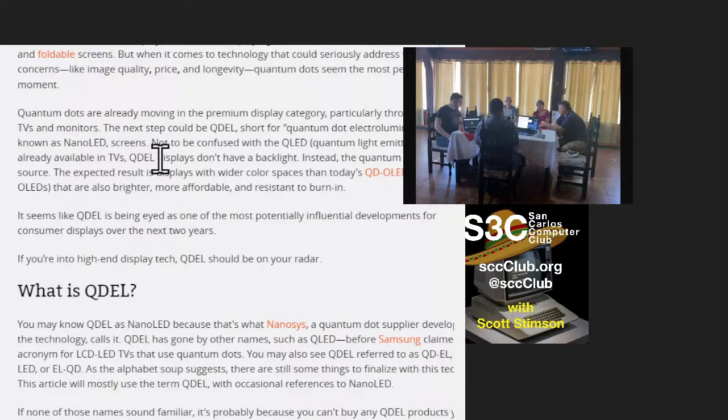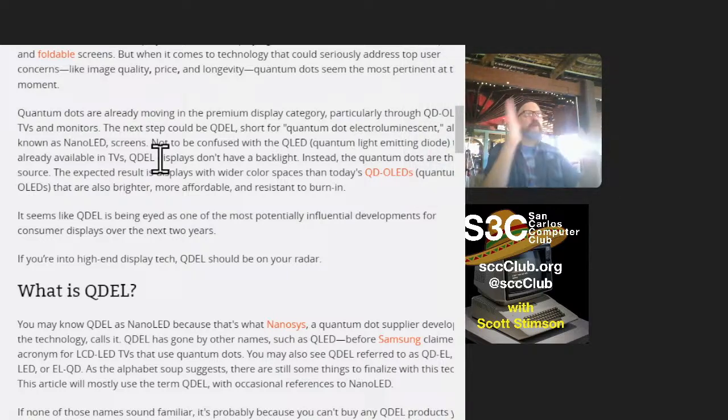But what that's all about is using some kind of quantum precision for the way light, kind of like what we were talking about with the blue LED, determines how bright a color is going to come off of the screen, and these Q dots help with that. That's my level of knowledge.